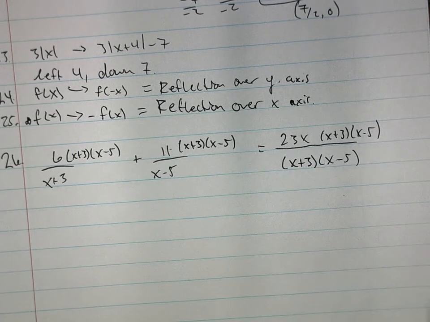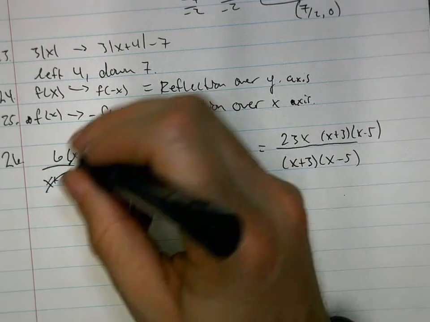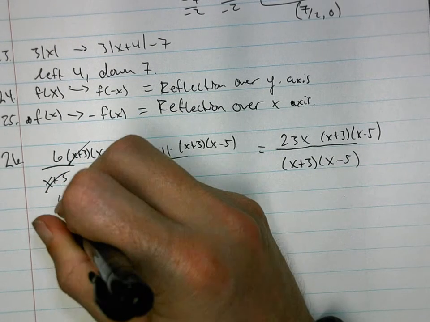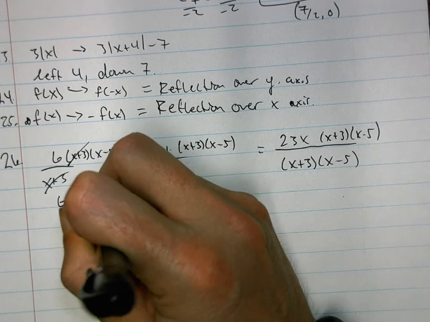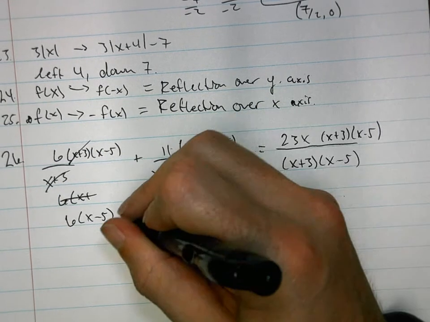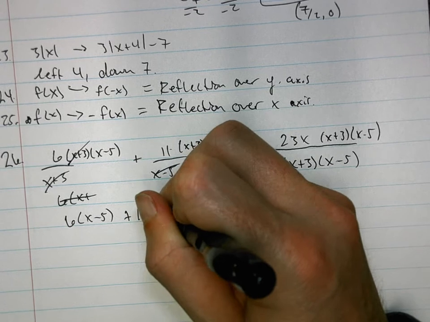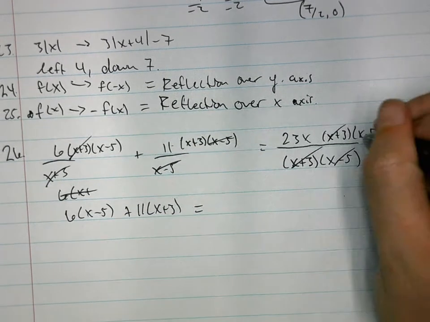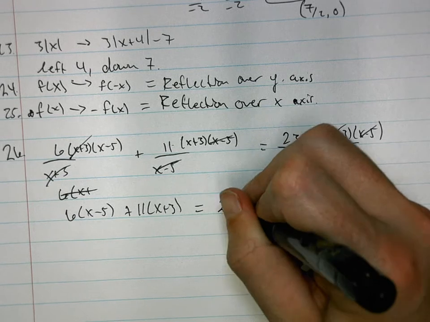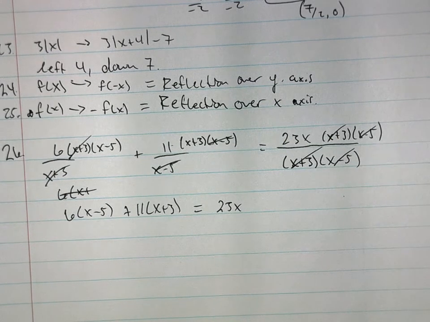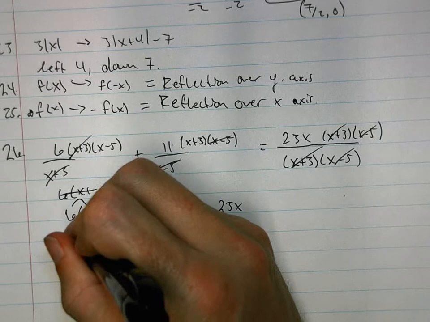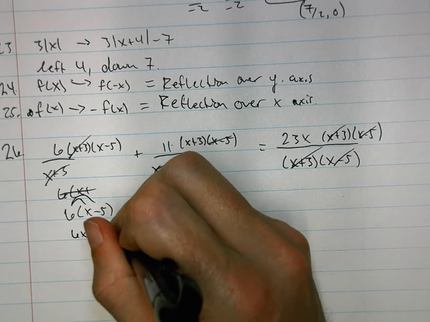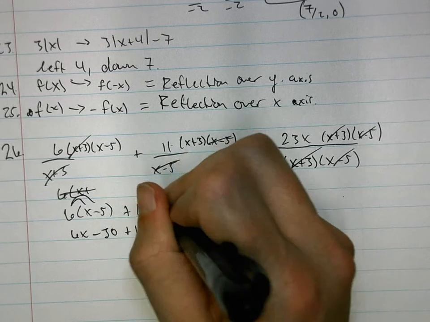So the x plus 3's cancel. So it's 6 times x minus 5. x minus 5's cancel, so that's plus 11 times x plus 3 is equal to, those all cancel, 23x. 6 times x is 6x. 6 times negative 5 is negative 30. 11 times x is 11x. 11 times 3 is plus 33.